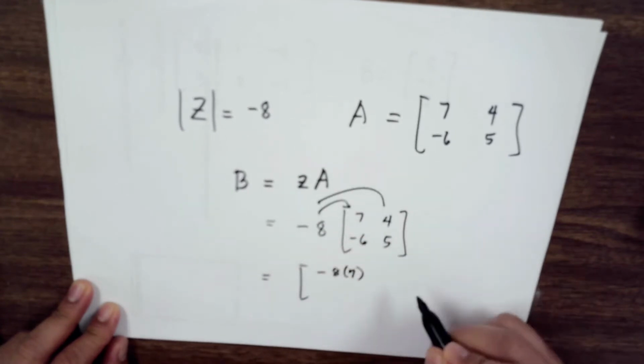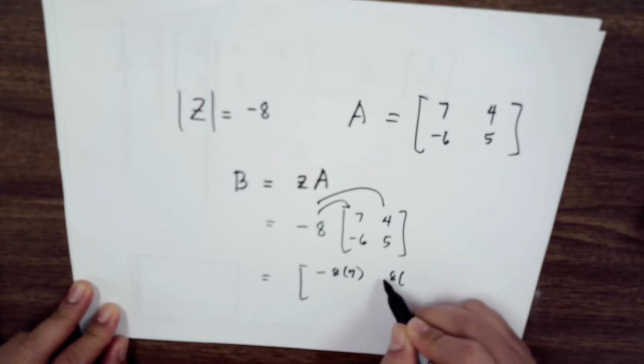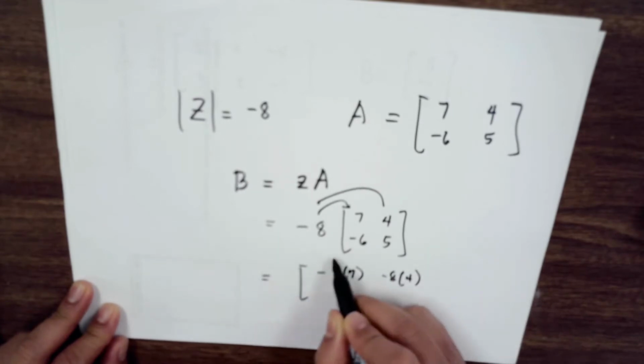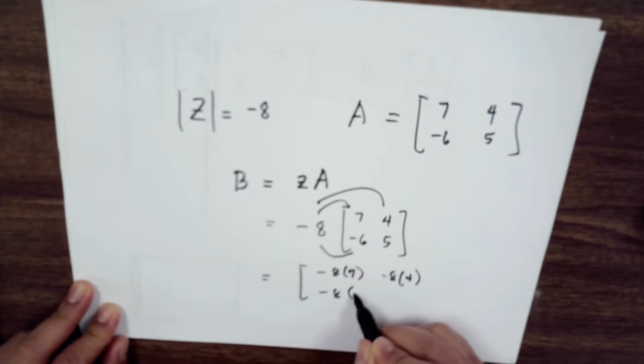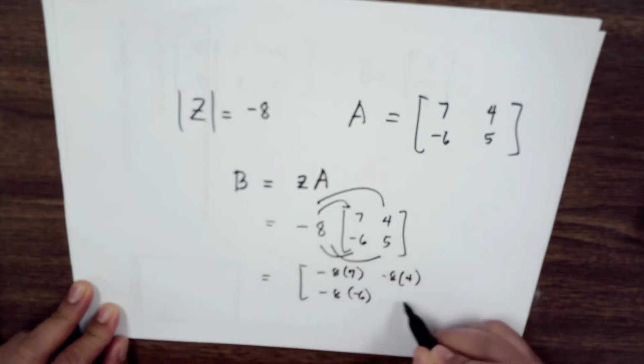Then you will have -8 times 4, and then you have -8 times -6, and then you have -8 multiplied by 5.